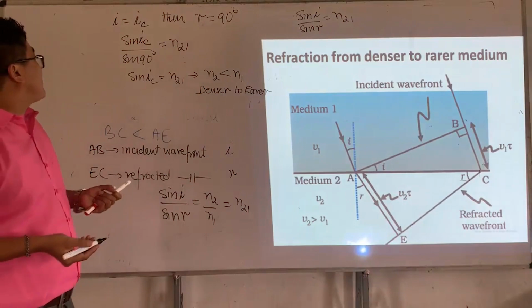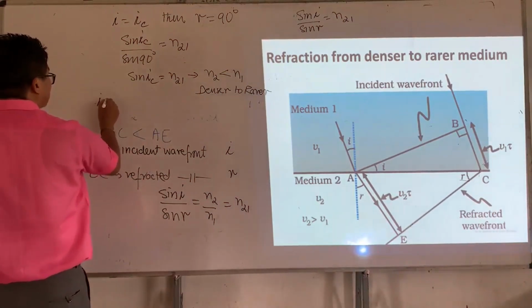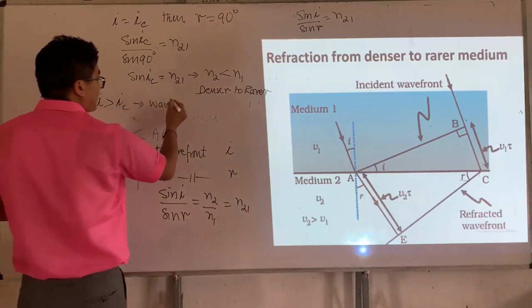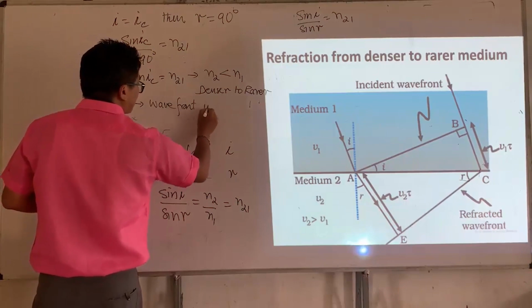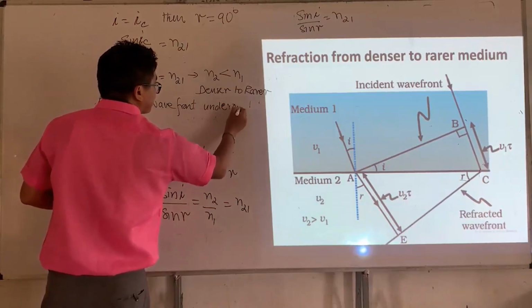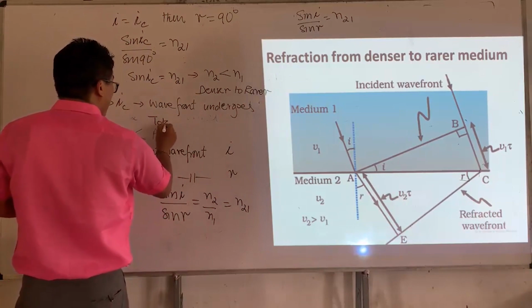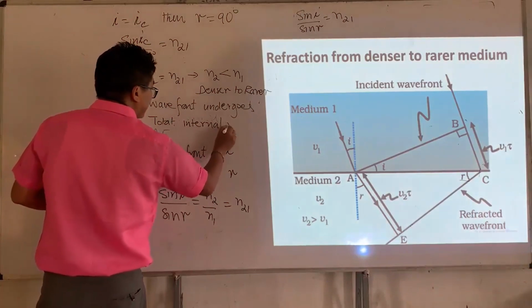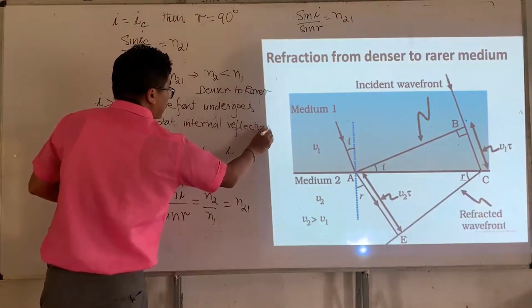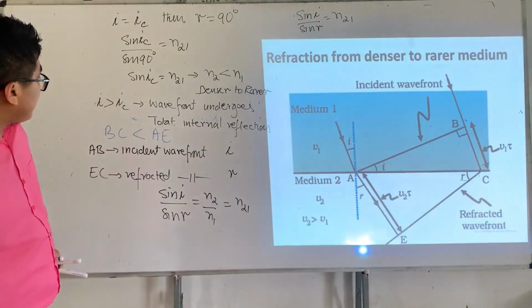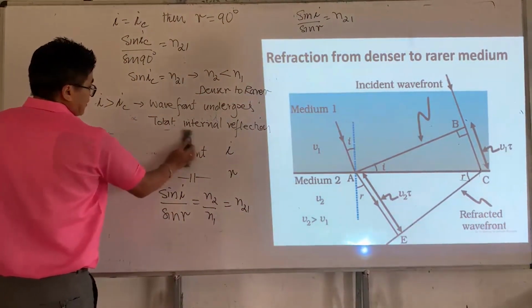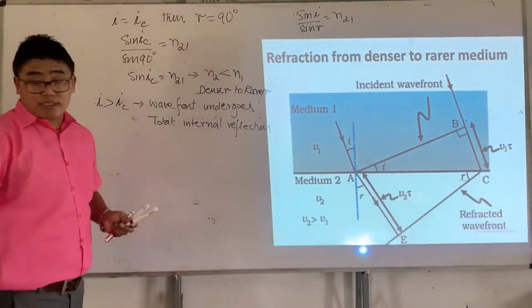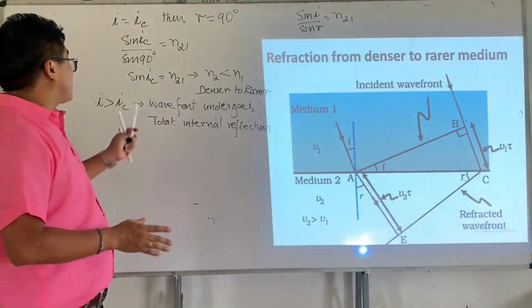Now if I is more than IC, the wavefront undergoes total internal reflection. The wave undergoes total internal reflection. So now we are able to discuss total internal reflection even using the wavefront concept.